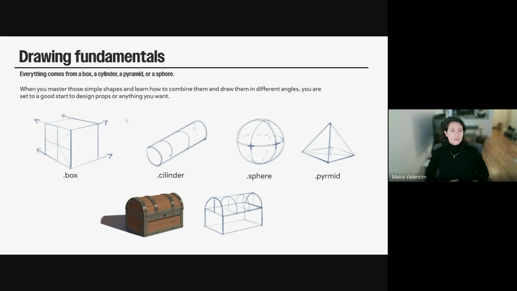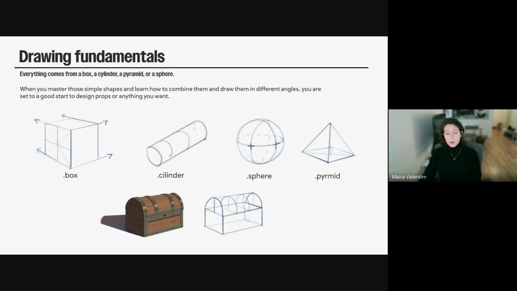I just want to talk very briefly about drawing fundamentals because I think it's very important. Everything comes from a box, a cylinder, a sphere, or a pyramid. Even my boring treasure chest here needs a bit of understanding of how those shapes work.